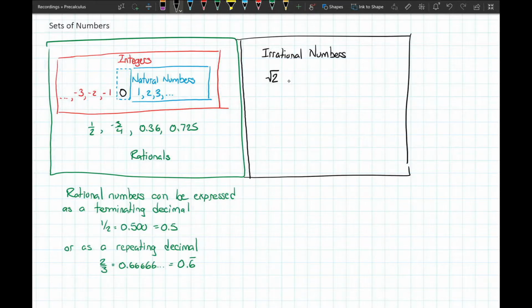Another famous example is the mathematical constant π, approximately 3.14, or if you want to continue on, you could go on forever.